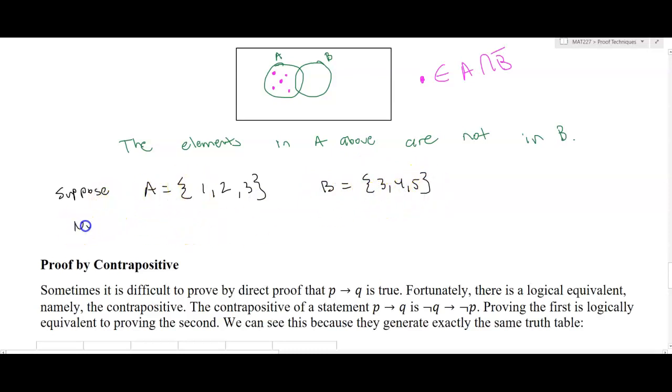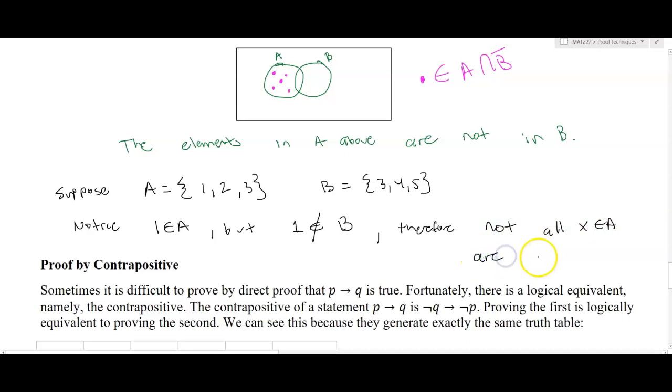Notice that 1 is an element of A, but 1 is not an element of B. Therefore, not all X in A are also in B. And that's a counterexample.